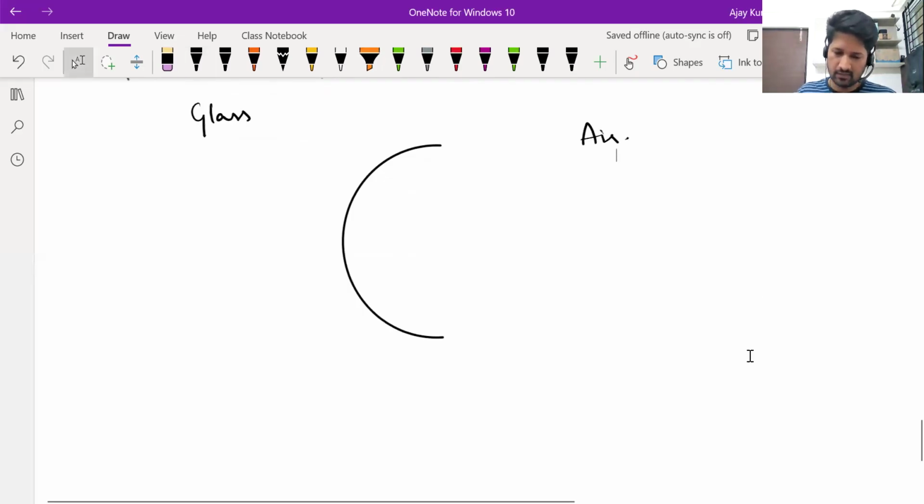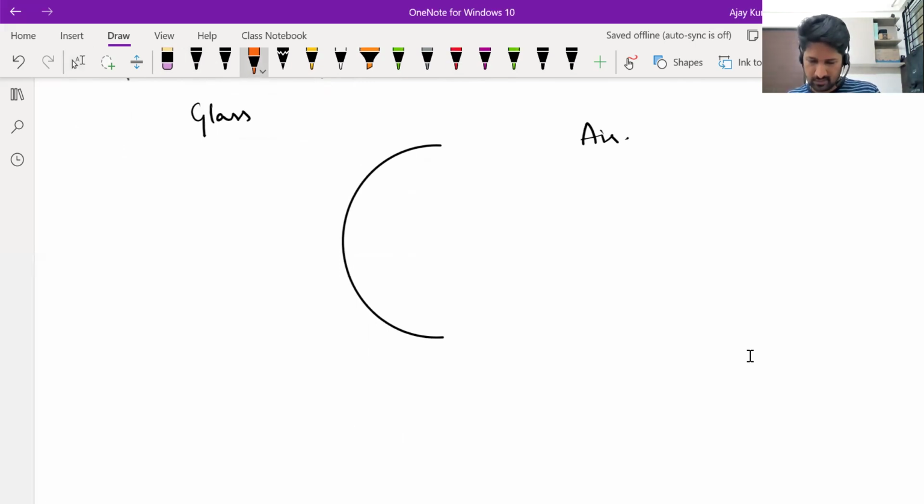I'll take light in orange color. Let's say this is the wave front that has just arrived at this curved interface. I'll mark a few points on this wavefront.